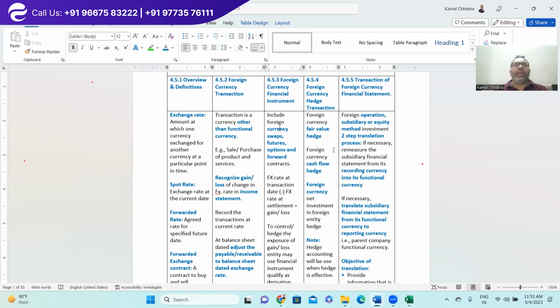So two-way translation is possible. First way, which generally we are used to, is converting the Indian currency into the US currency on the balance sheet day, right?